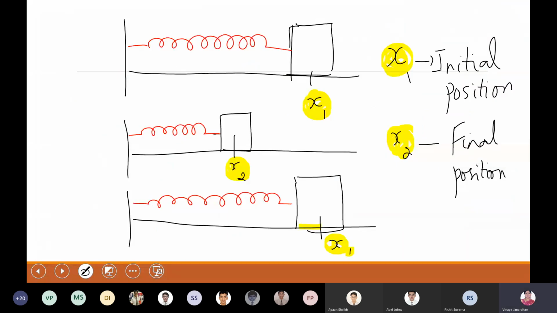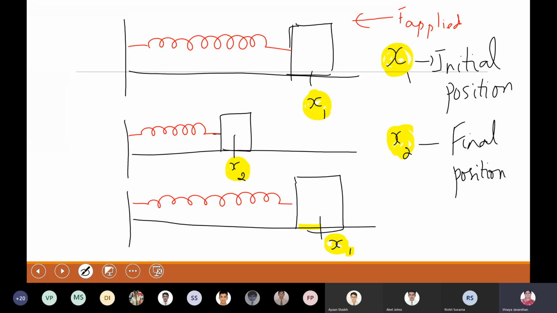Now look at this. Initially, say the block is at position x1. You have applied a force and then you started compressing your spring by applying a force on the block.